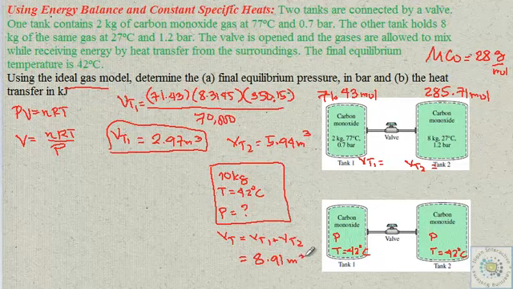Okay, and the amount will just be the sum of the 2 kilograms and the 8 kilograms. So the equivalent moles will be 10,000 divided by 28. That's equivalent to 357.14 moles, or you can simply add the moles there. This is in terms of moles, and we have now the volume.